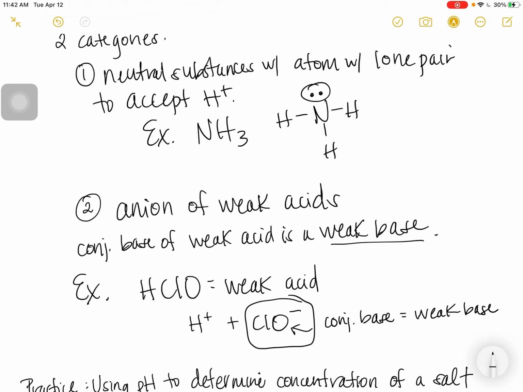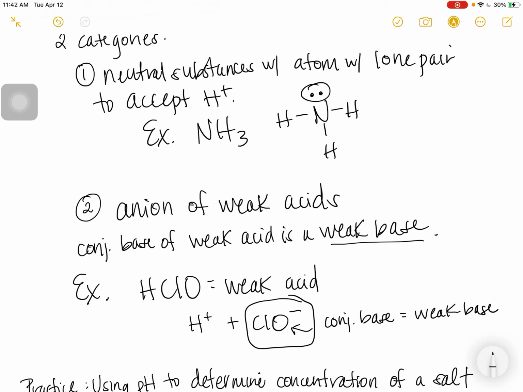So who's a weak base? Some, not all, substances have a lone pair on an atom that can reach out to accept that H plus. Or the second example would be the conjugate bases of your weak acids. Or even just the ion.